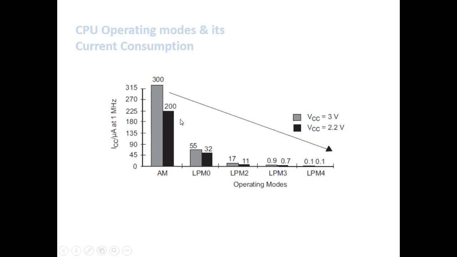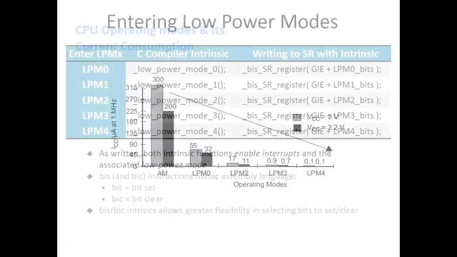Similarly, for the VCC 2.2 volts case, for active mode 200, followed by 32, 11, 0.7 and 0.1. So in this way, you can observe that the current consumption is drastically reduced when moving from active mode to low power mode 4.